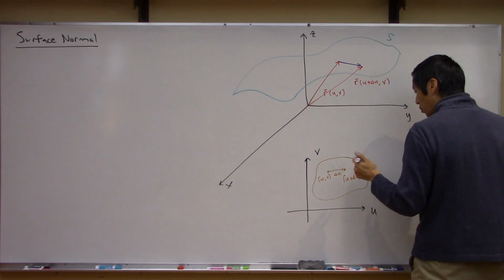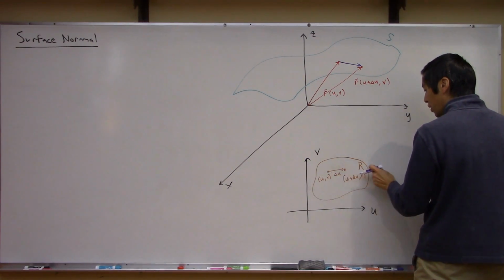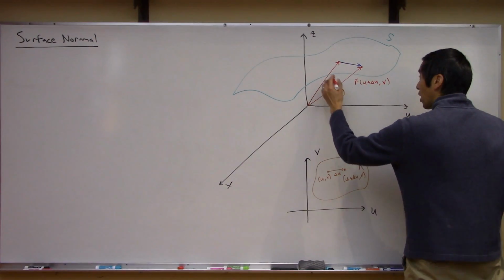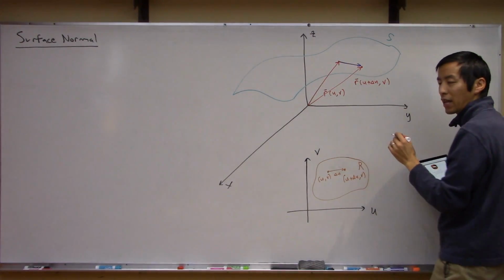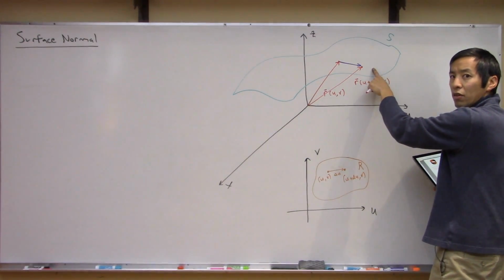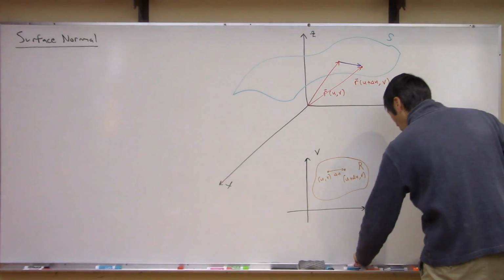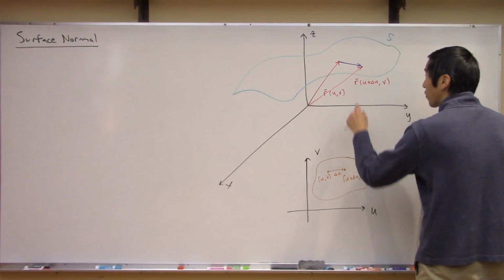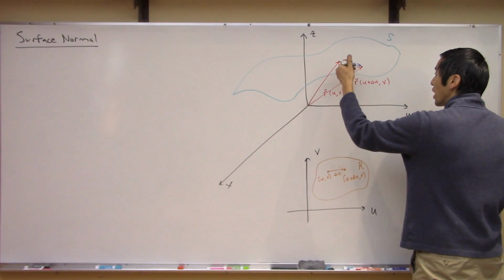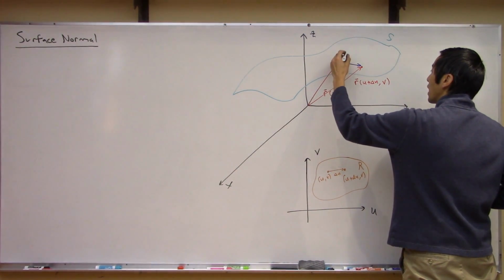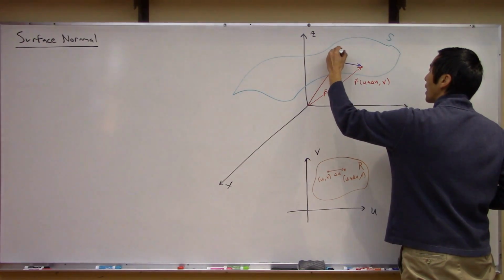If you move along this location, you're basically carving out one of these threads of the blanket, so to speak. You're going on a curve that is in the surface S. So this is basically the derivative, how the parameterization r is changing with respect to u.